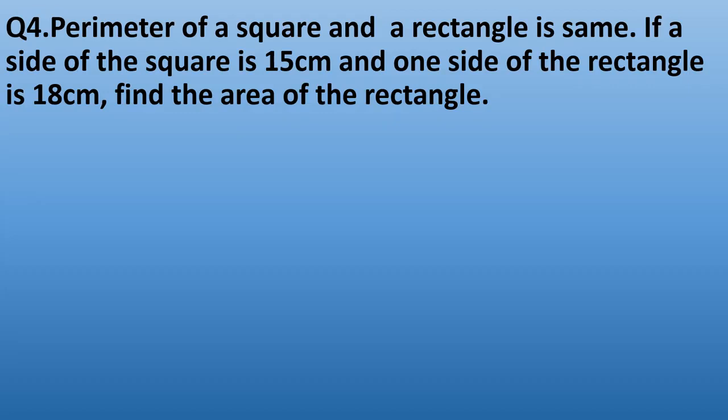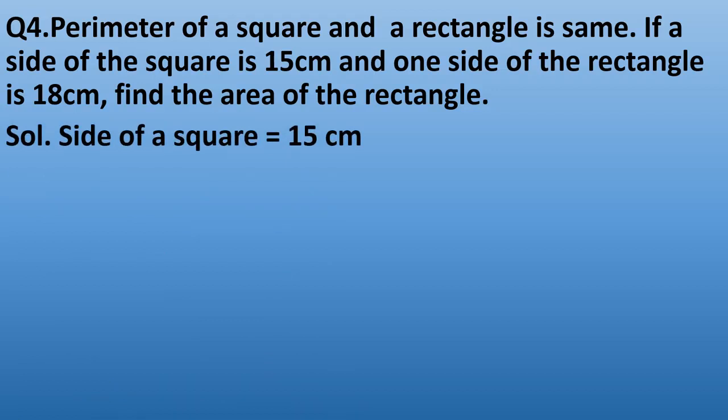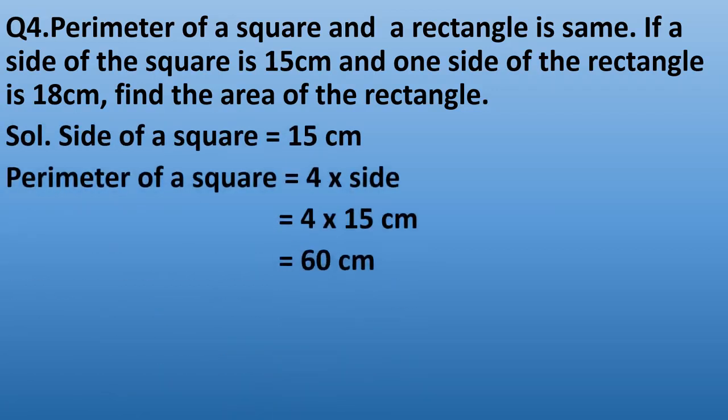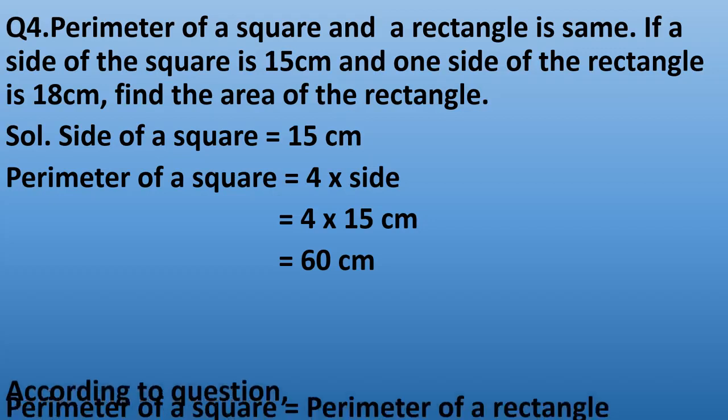That the perimeter of a square and the perimeter of a rectangle are equal. Forget about the rectangle for some time and just keep in mind only the square. If the side of the square is 15 centimeter, what is the perimeter? The perimeter of a square is 4 multiplied by side, that is 4 multiplied by 15 centimeter, which is equal to 60 centimeter. This is the perimeter of the square.